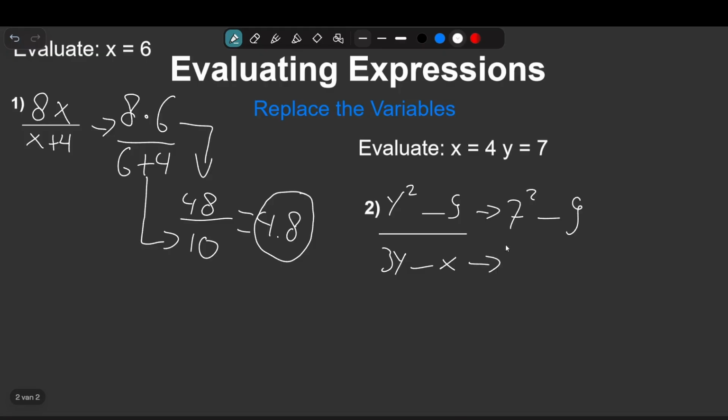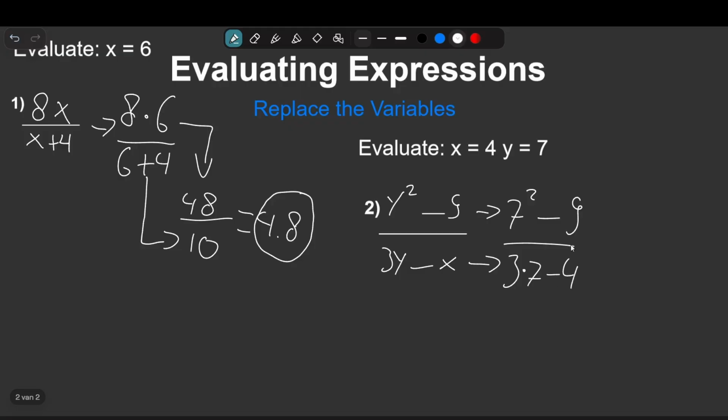And now for our denominator, we have 3y minus x. So 3 and then the y, which is right next to the 3, so we are multiplying. So 3 times 7 minus x, which equals 4. So 3 times 7 minus 4.